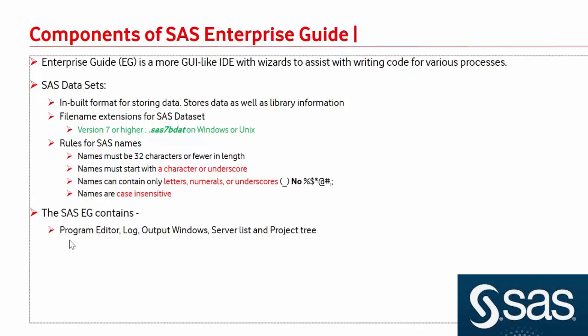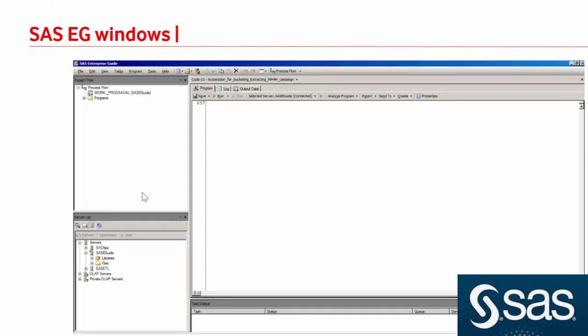SAS EG consists of program editor, log, output window, server list, and project tree. SAS EG windows. As we can see, this is the program editor where we write the code for execution.